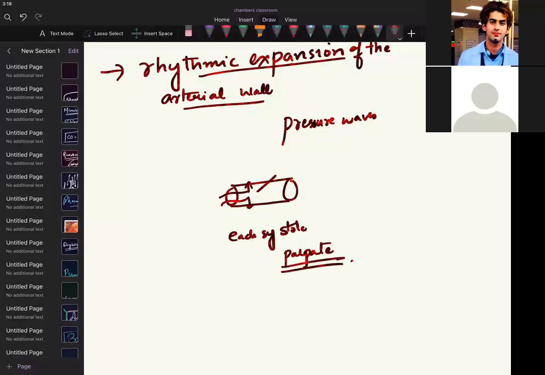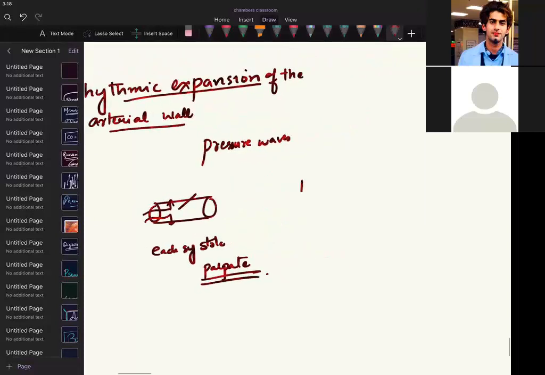Basically, we take the radial pulse so that we can assess the arterial pulse.